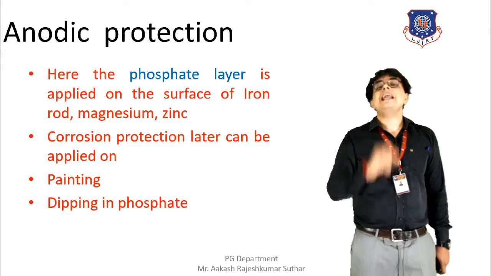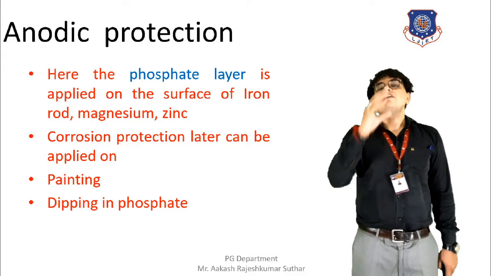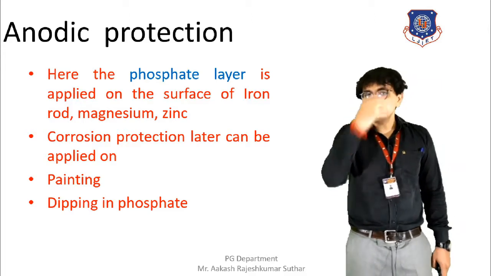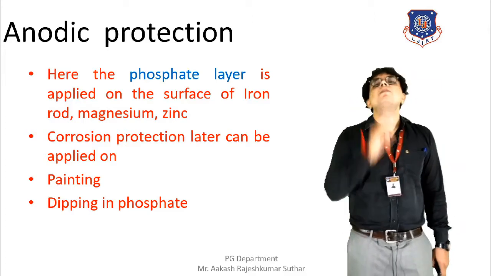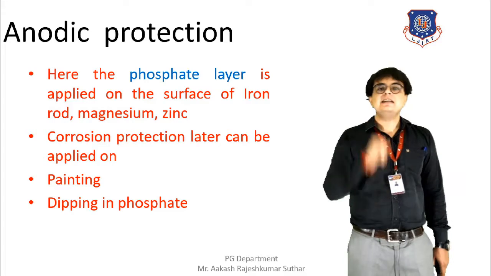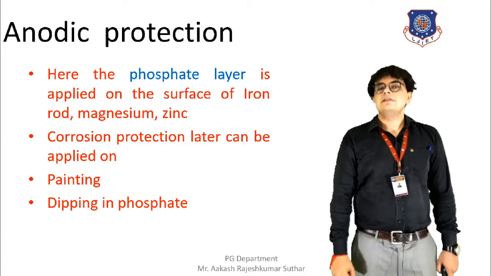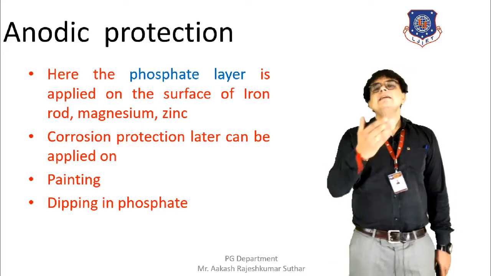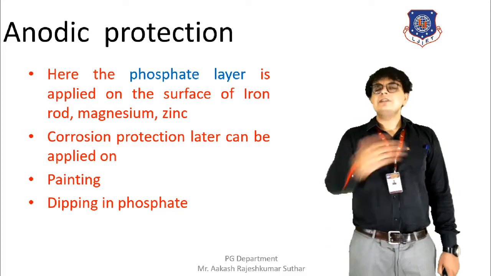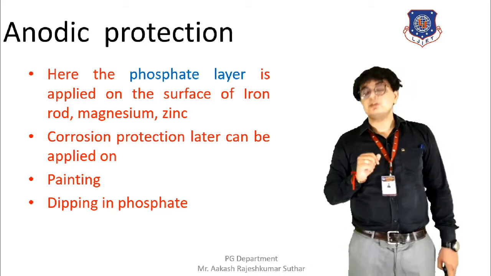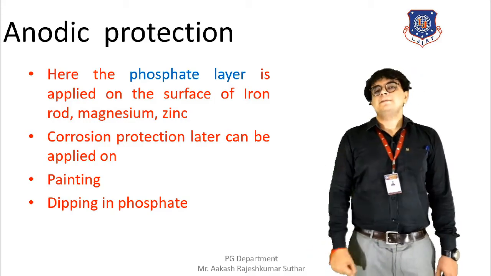It is allowed 5 minutes to settle and harden, and after that the metal is properly washed. Then whenever it comes into the environment, the phosphate layer will be the layer that gets corroded, and ultimately the iron member or other metal which needs to be protected will be protected.